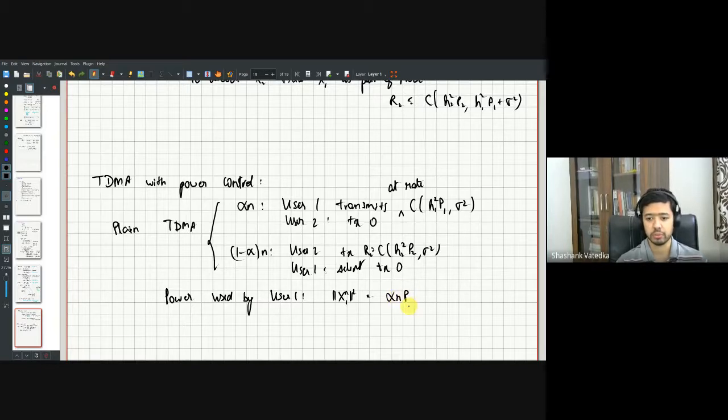So the amount of energy used is in fact just alpha n times P1, correct?